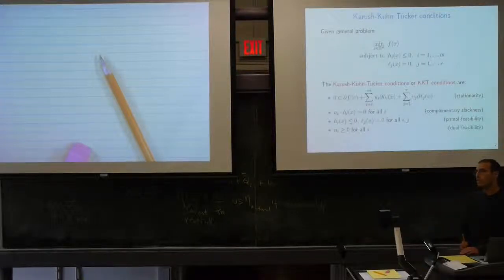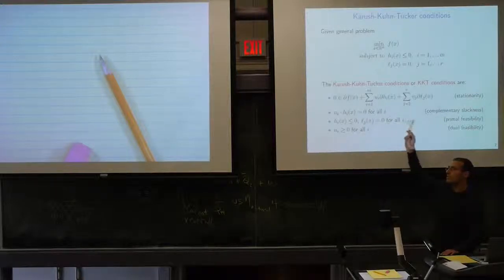The first one says that the point x has to minimize the Lagrangian evaluated at u, v. So it has to achieve the minimum of f of x plus the sum of u_i h_i plus the sum of v_j l_j. The second one says that the product of u_i with h_i of x has to be 0. It's called complementary slackness.